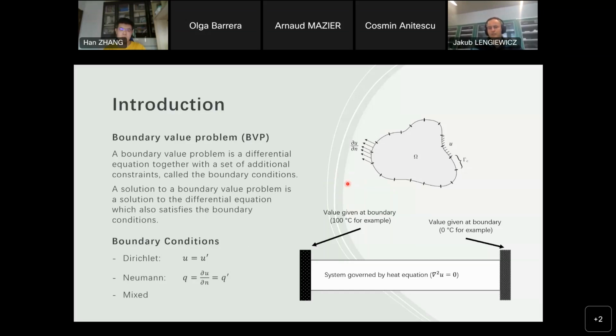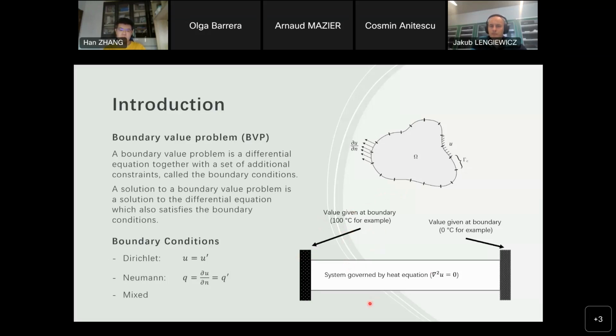Typically we have three boundary conditions: Dirichlet, Neumann, and mixed. For Dirichlet, we know the boundary value. For Neumann, we know the flux on the boundary. For mixed, we have part Dirichlet and part Neumann, just like this plot. There are also other boundary conditions, such as the Cauchy boundary condition, but it's not part of this research, so we skip it.